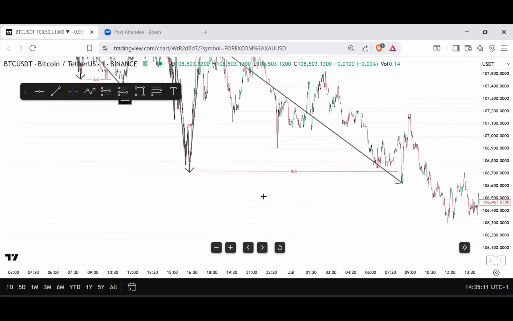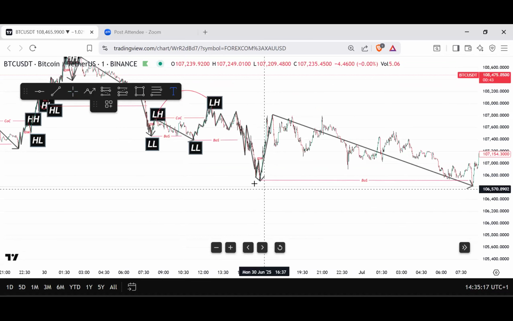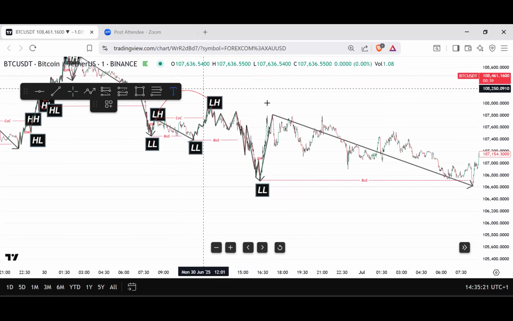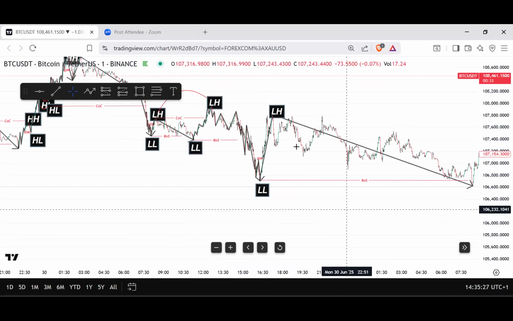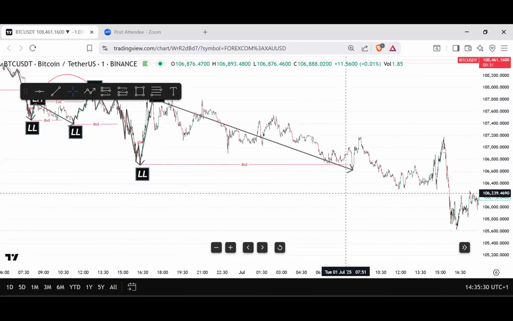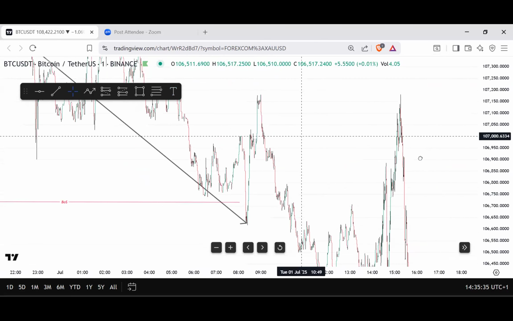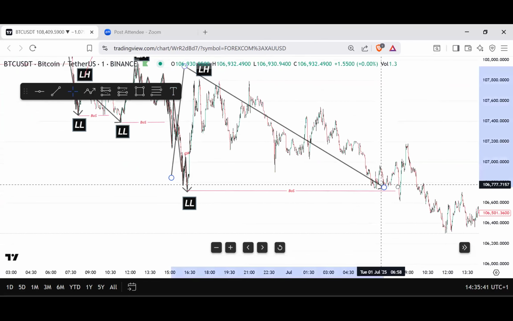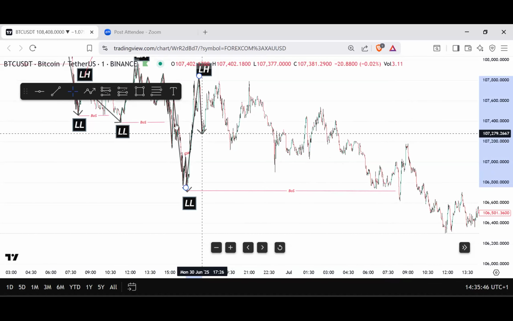So this correction confirmed the lower low. And this is the lower high. Exactly. Then we have another correction here. I didn't draw the impulse. So this is an impulse. This is an impulsive move.